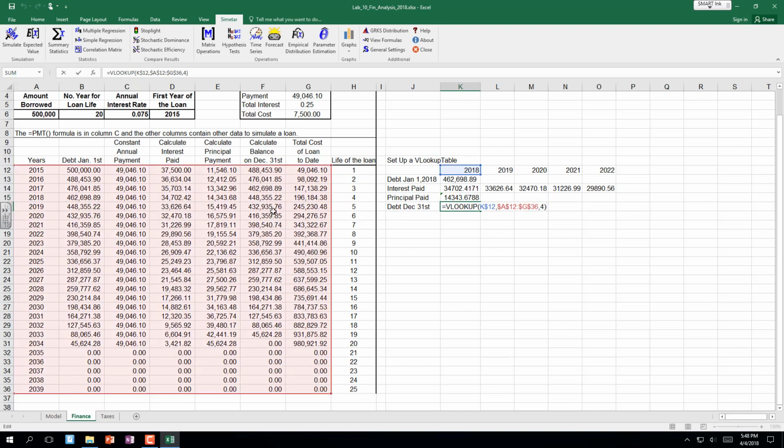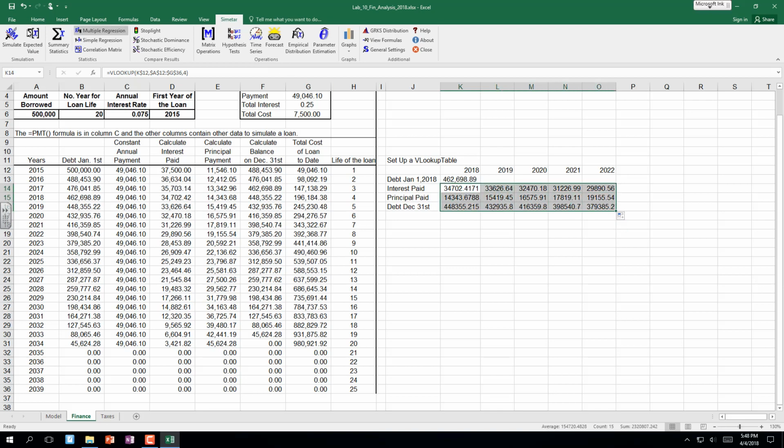We need to know how much debt there is in the very last, on December 31st. And that's in column 6. You got it? Everyone there? Okay, good. Now we should be able to drag those two numbers over to the right.